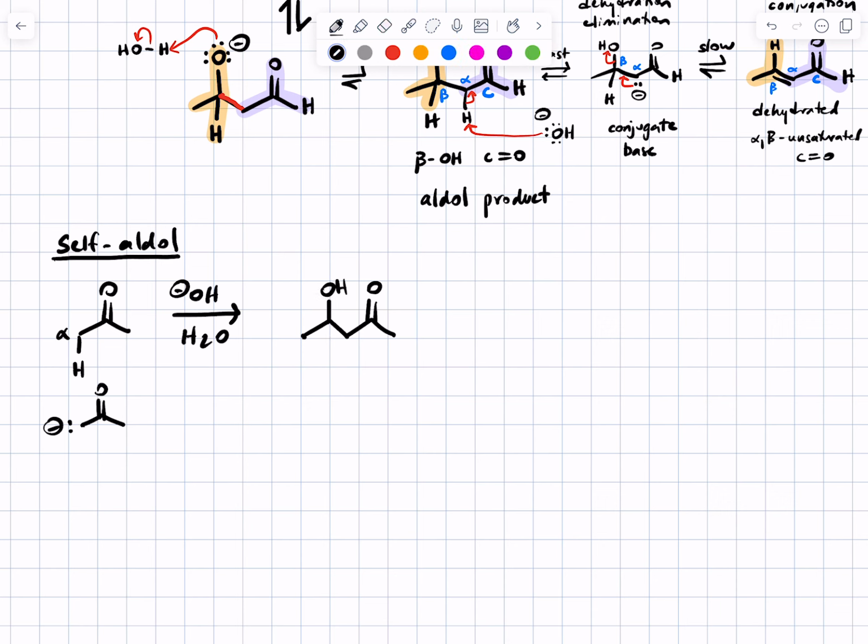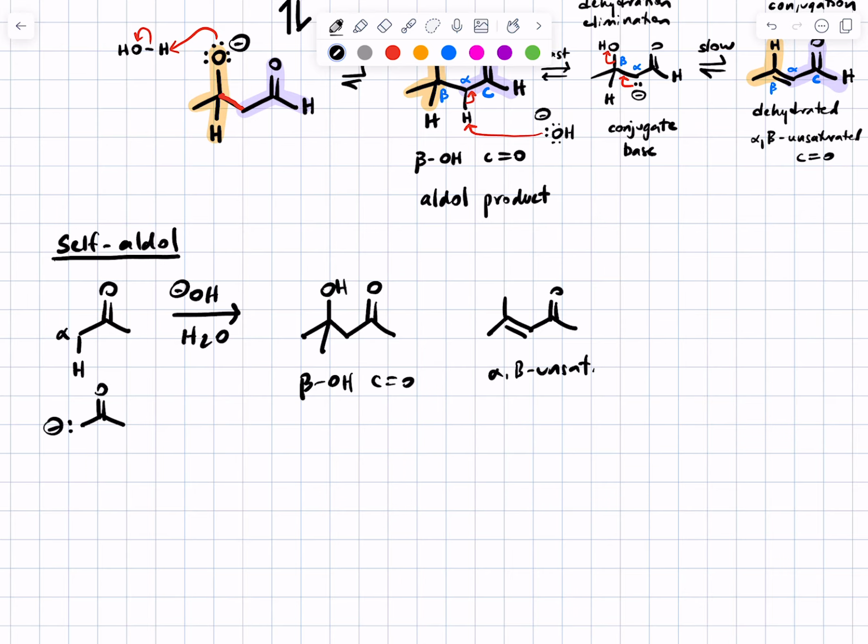And am I missing something? Methyl on 4. Okay, there it is. Good. Beta hydroxy carbonyl compound. And you were even distracted while I was doing it. And then this is the alpha beta unsaturated carbonyl compound. Good. I want you to be able to think through both of those.